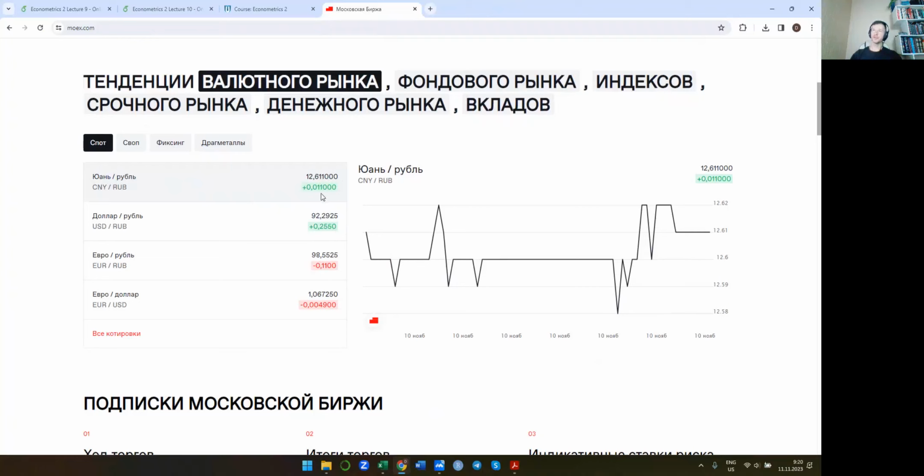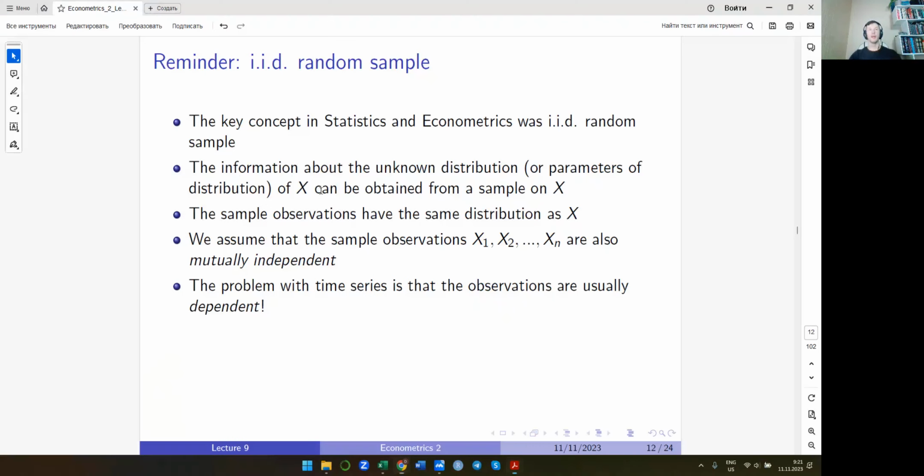So what would you expect as the most probable value on Monday? Of course, something close to this value, right? So you don't expect 0, you don't expect -10, you don't expect 100. You would expect something close to this value. Maybe slightly more, maybe slightly less, who knows. But still you will expect something like this. So what you would observe on Monday depends on what you observed already on Friday. So this is a dependency in time series.